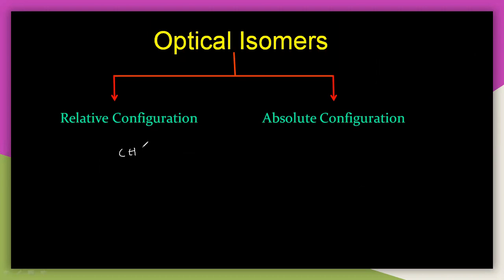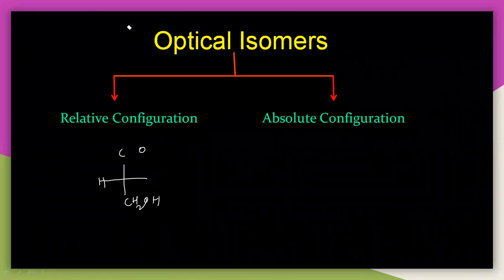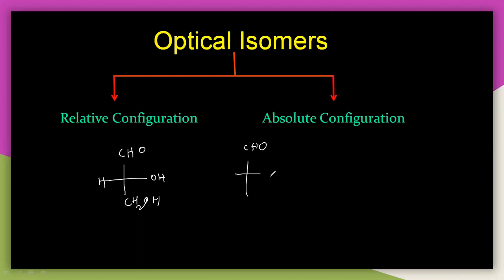Let us take this: CHO, CH2OH, and this is OH, and this is H. So this is CHO and this is OH. If you take the other isomer, that is the mirror image, you will get H, OH, CH2OH.